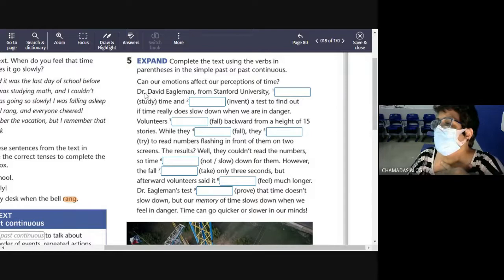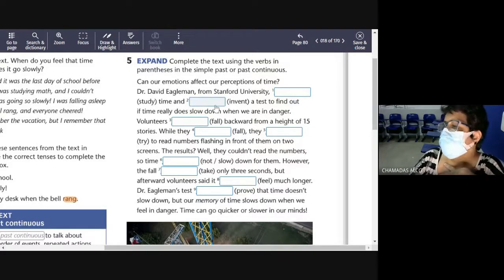Interesting. Dr. David Eagleman from Stanford University, time and a test to find out if time really does slow down when we are in danger.